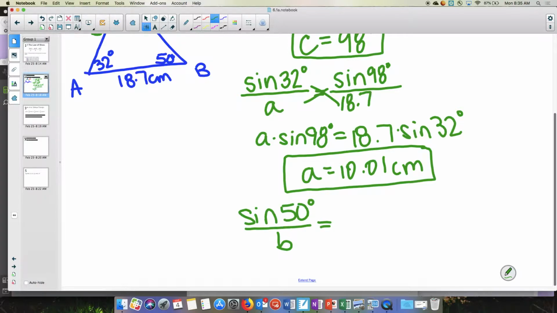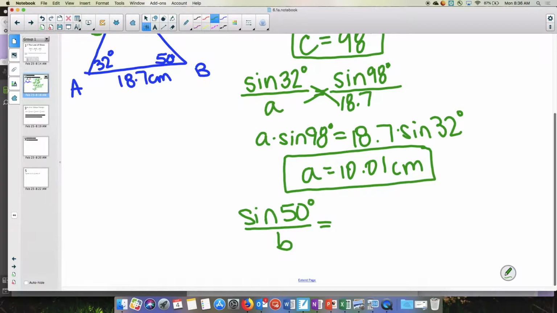Now here's where I'm going to be pretty picky, okay? Please don't work ahead of me. I want you to use as much given information as possible. Did we round our answer for 10.01 centimeters? Okay. I want you to avoid using rounded answers as much as possible, because if you use a rounded answer and then use it to calculate an answer that you then round again, you're going to start getting off by a decimal point or two.